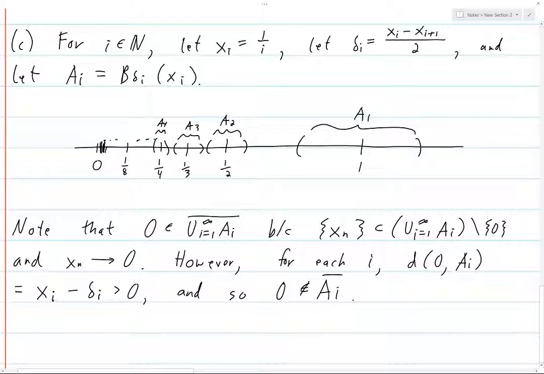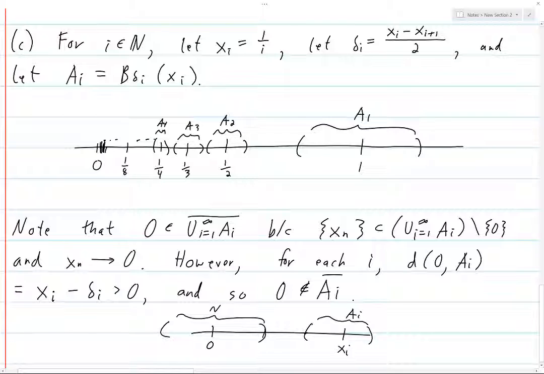Then that neighborhood will not contain any elements of the closure of Ai, because you'd have 0 here, and you'd have xi, then Ai would look like this, and you're taking the distance between 0 and this point here and cutting it in half, making a neighborhood like this. This is going to be our neighborhood N.